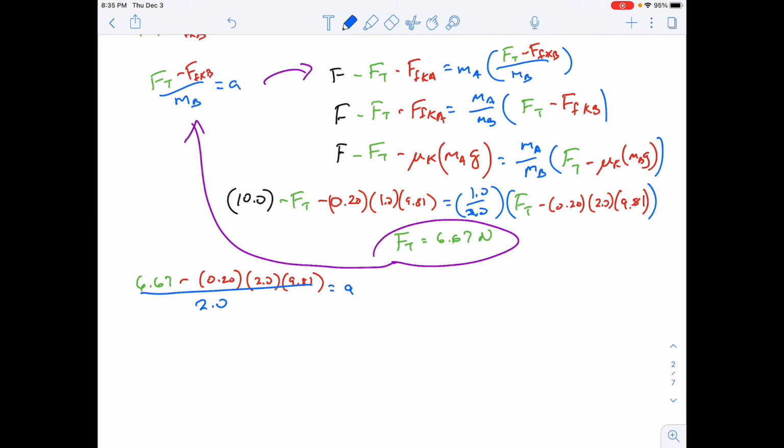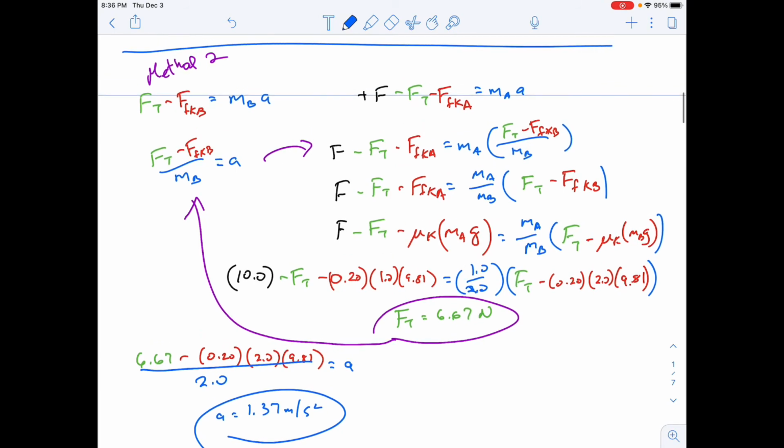And if we do this, 1.37, which we had already solved for before.